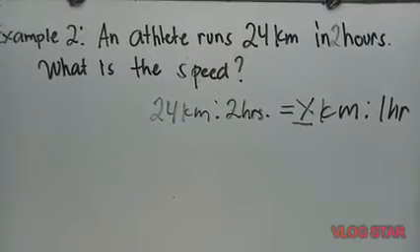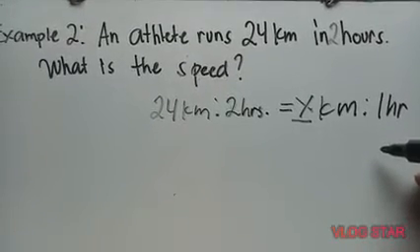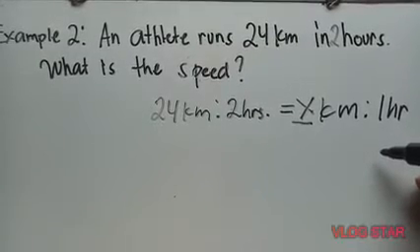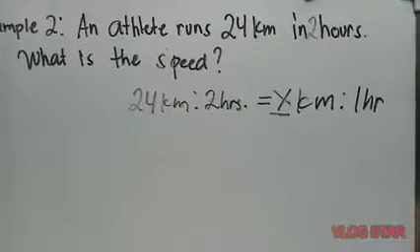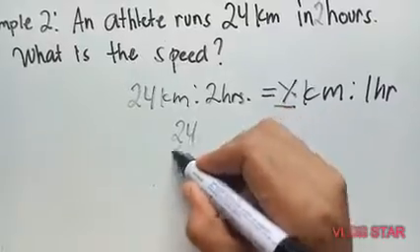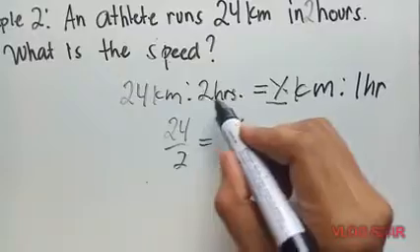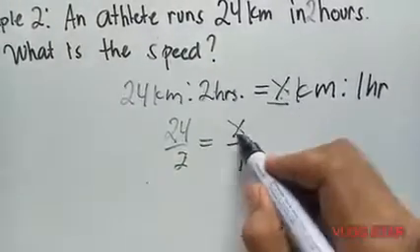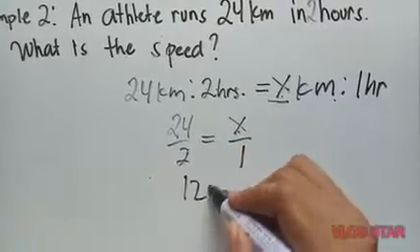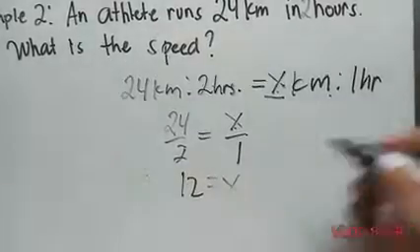So simply divide 24 by 2, which is equal to x over 1. 24 divided by 2 is 12, then equal to x.